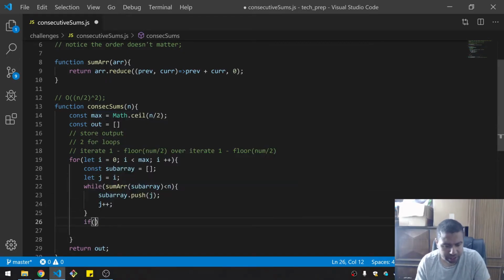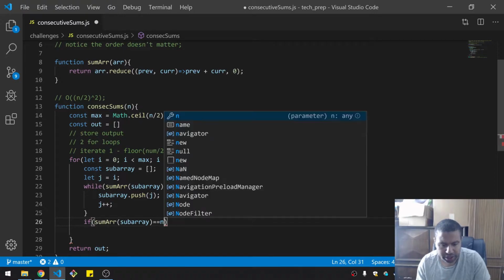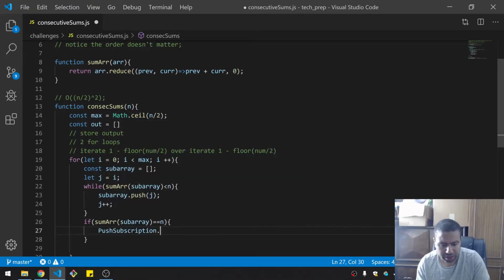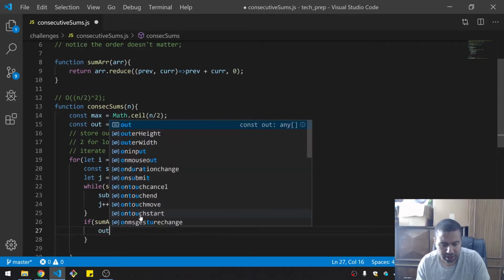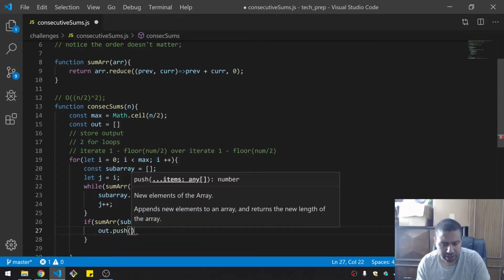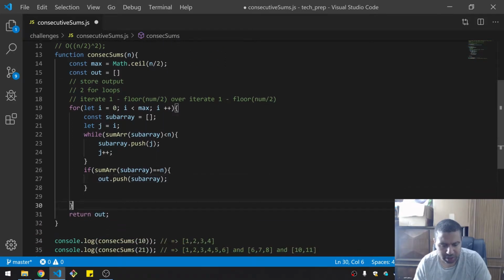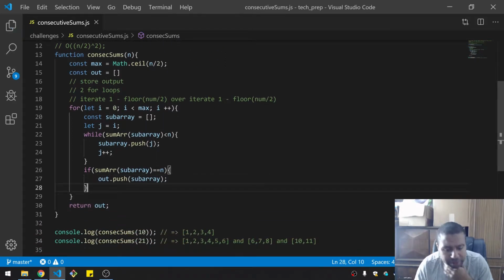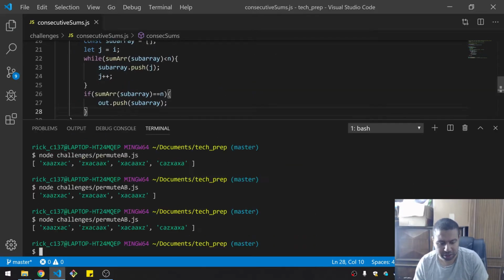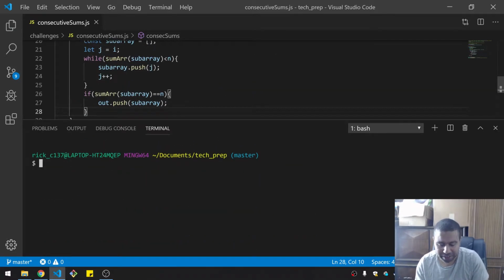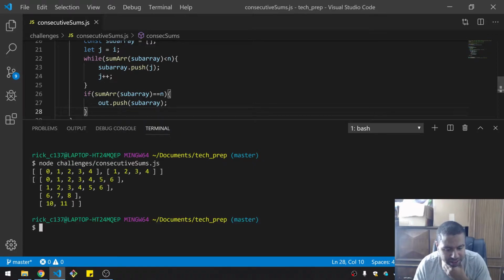Then we get to check if sumArray is equal to n, then we know to out.push it. Otherwise it went over and it's not worth talking about. All right, I think this will actually work. Even though it doesn't feel very good, it's what I got.